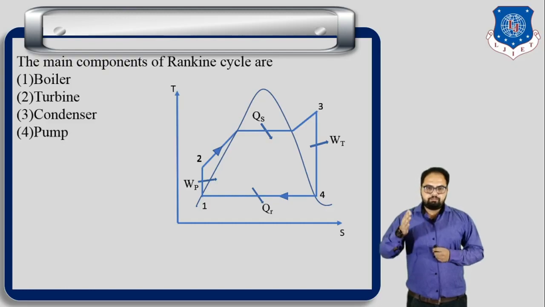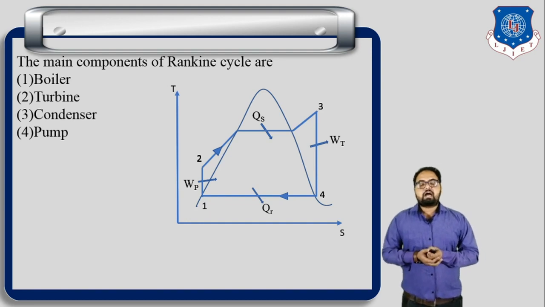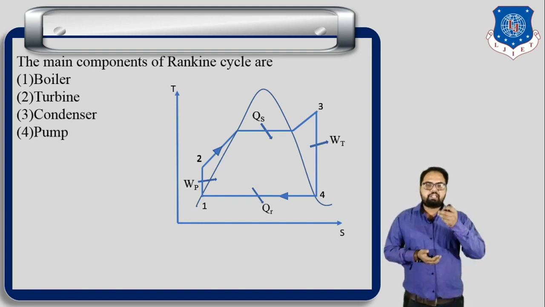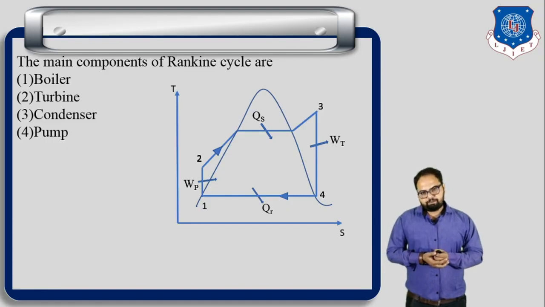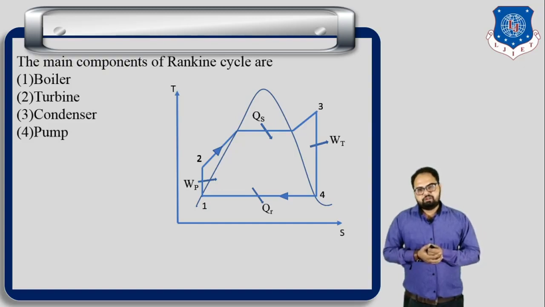After that, in the turbine, expansion of the steam takes place isentropically, which is indicated by line 3 to 4 on the TS diagram. After that, rejection of the heat takes place inside the condenser, which is indicated by line 4 to 1 on the TS diagram.